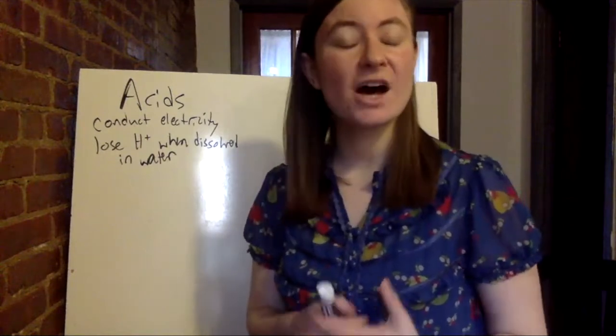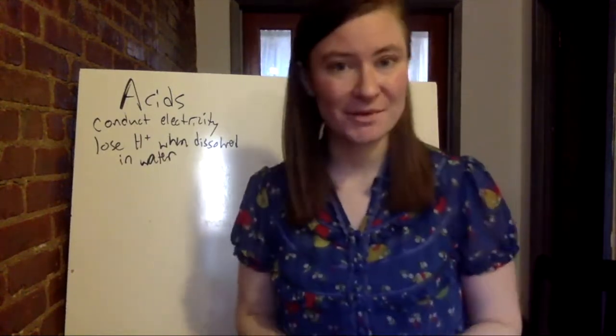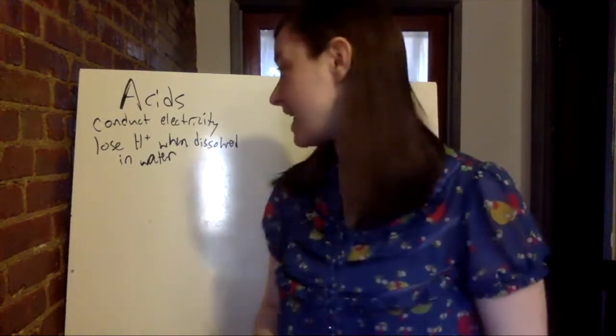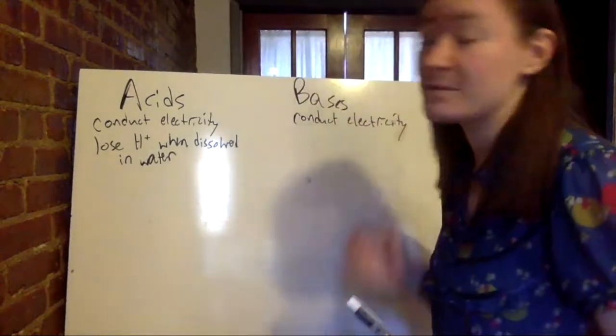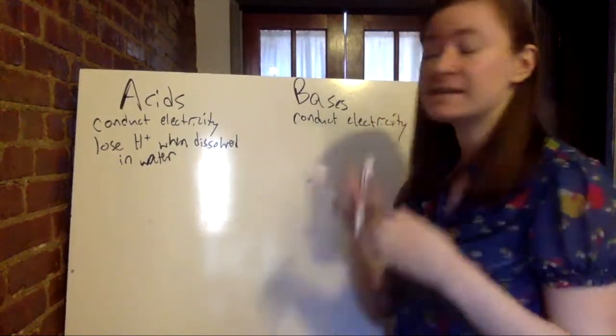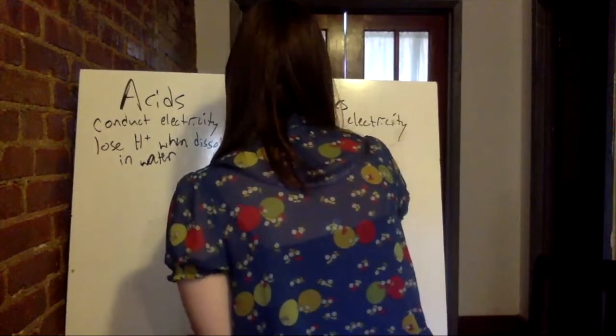You'll notice that a lot of those bases are ionic compounds, and all ionic compounds conduct electricity. But in particular, what those ionic compounds have in common is that they all have hydroxide. So what makes something a base rather than just a normal ionic compound is that a base loses OH minus when dissolved in water.